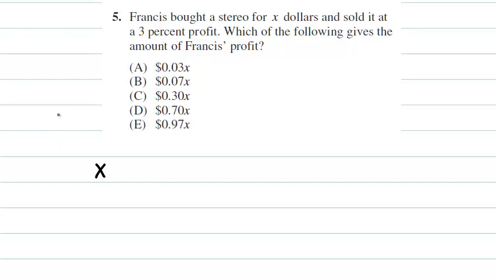Well, like we said earlier, if 45% is 0.45 when we go to multiply it in, then that means that 3%, we'd have to do the same thing. We take the decimal, move it 2 to the left, just like we did in the 45. So 3, move it 2 to the left, and it's 0.03. So we've got x times 0.03, or 0.03x. So the answer is A.